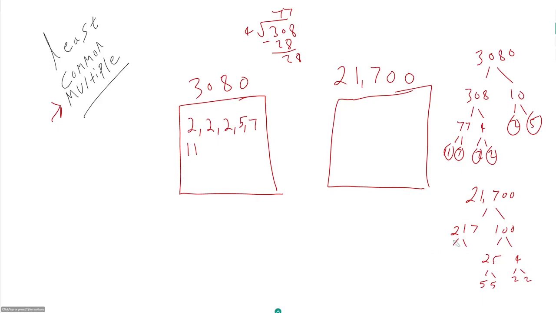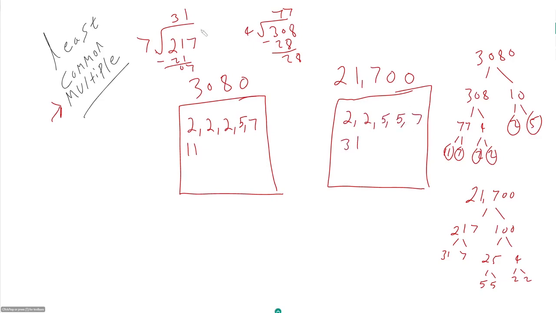I don't think we can use any of our divisibility rules. It's not divisible by 3. You might just have to guess. It's not going to be divisible by 5. What about 7? I think we have a winner. 31 times 7. So 217 can be written as 7 and 31, and 21,700 is 2 2s, 2 5s, a 7, and 31.